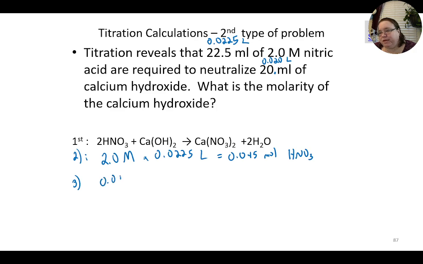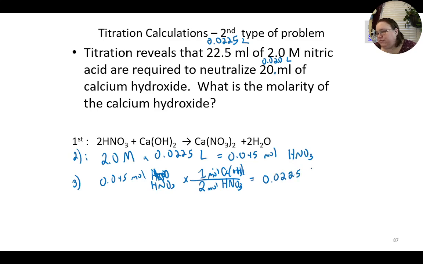That means I'm going to use my mole ratio. So the acid has to go on bottom, which means 2 moles goes with it. The base has to go on top, so 1 mole on top. And handy dandy calculator tells me that I've got 0.0225 moles of my base.